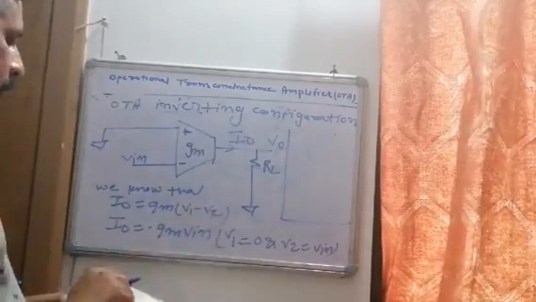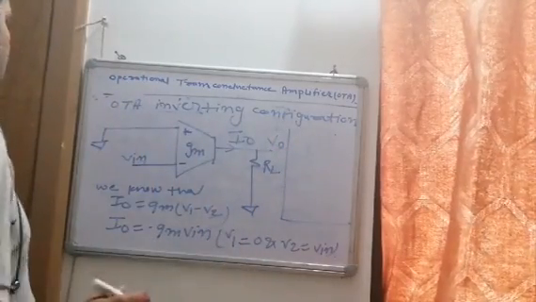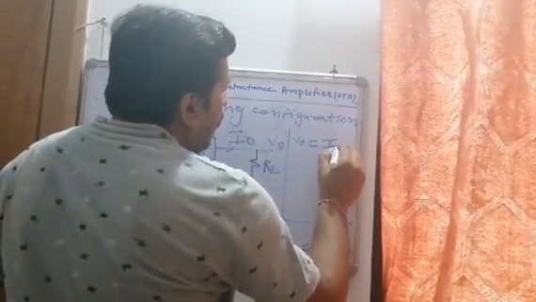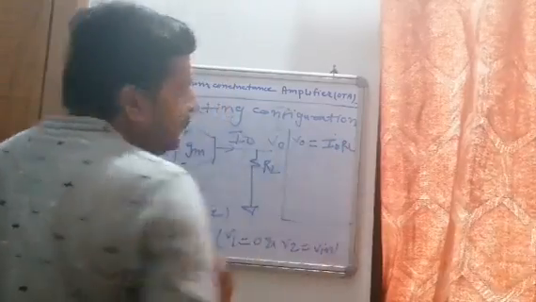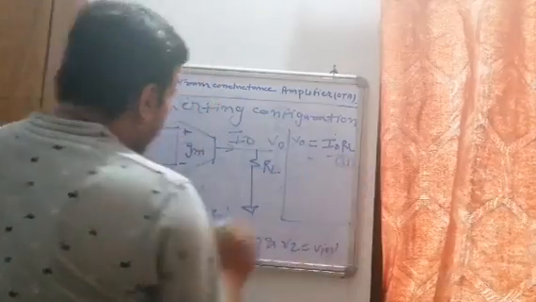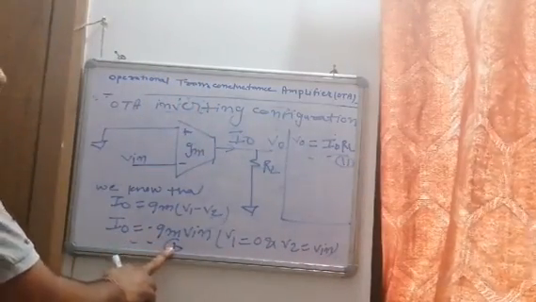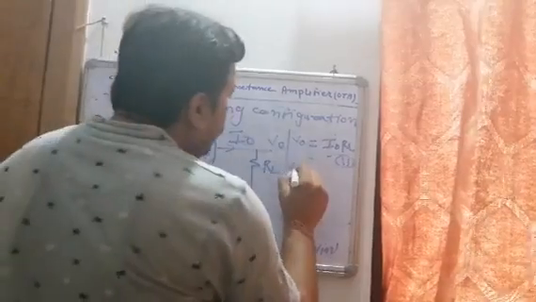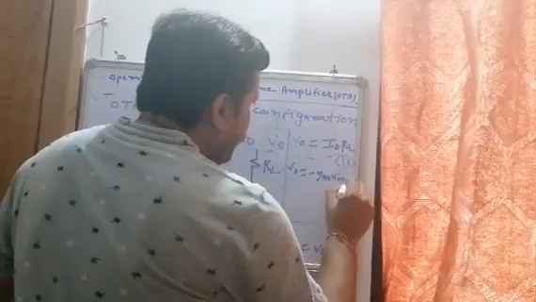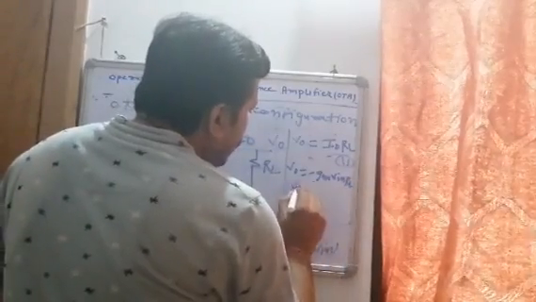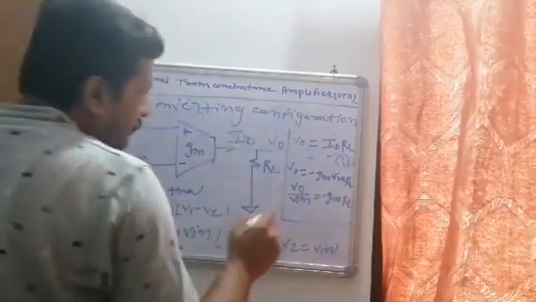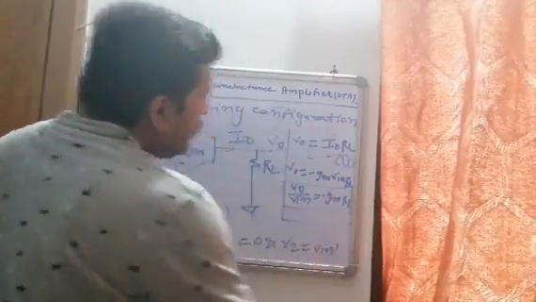We also note that V naught equal to I naught RF, and this is equation 1 and this is equation 2. Put the value of I naught from equation 1 into equation 2. So V naught equal to minus GM Vin RL. So V naught by Vin equal to minus GM RL, and what is this expression called?